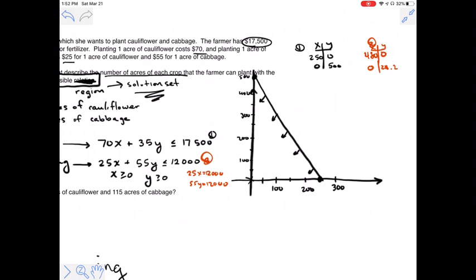So 480, 0 is right about there, and then 218 right about there.